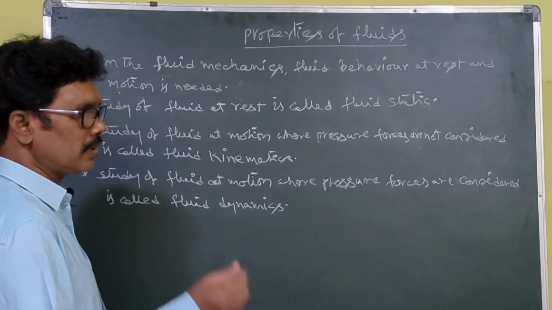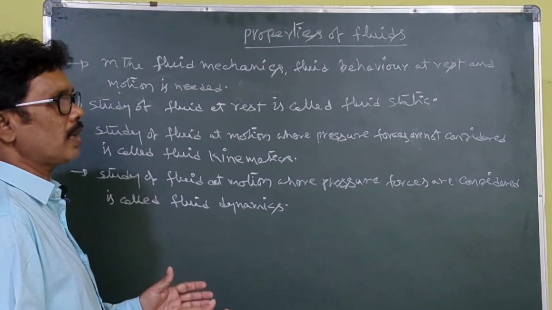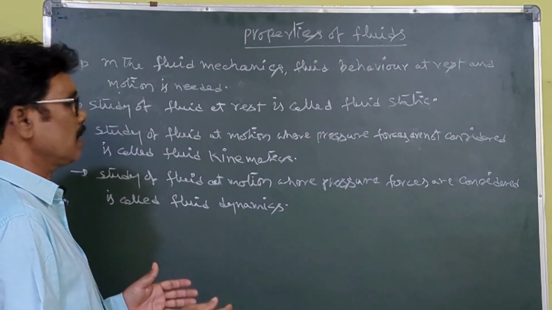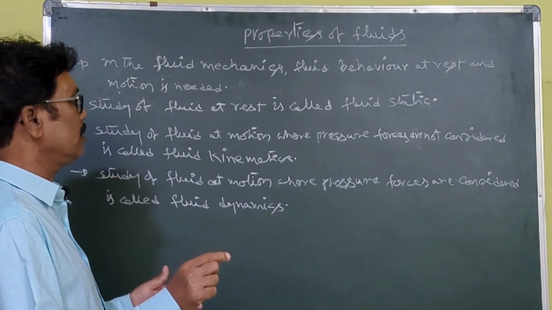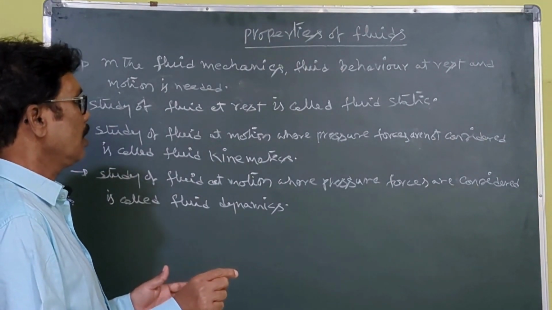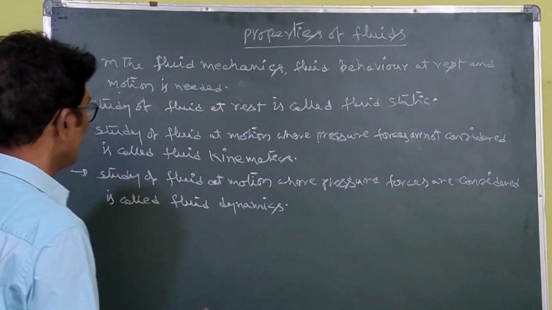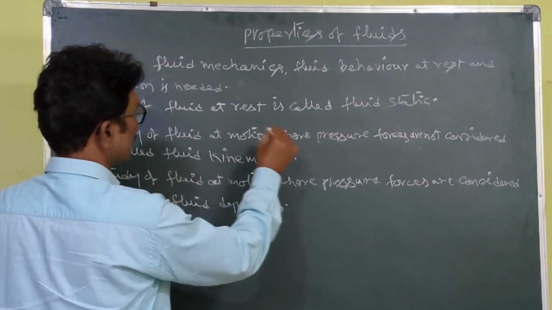What is the volume of water, and because of that volume what is the pressure exerted, and to sustain that pressure what is the thickness of the wall and what material is required? All these things we learn. That is called fluid statics.